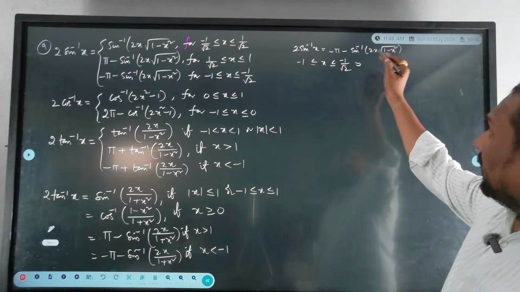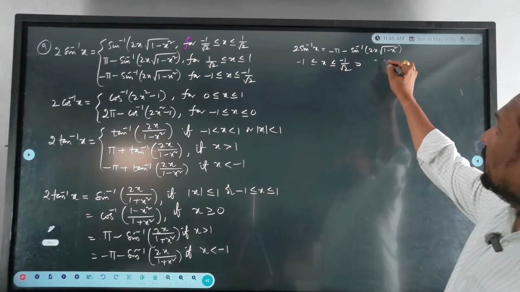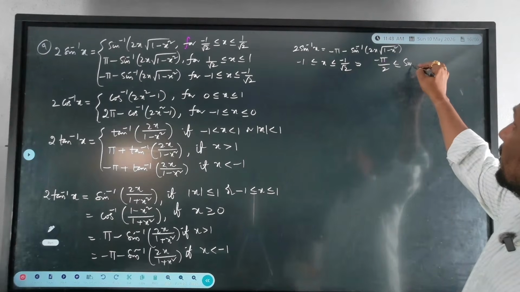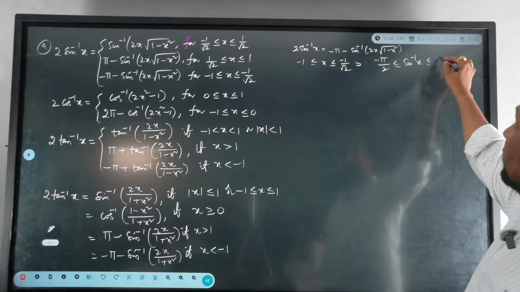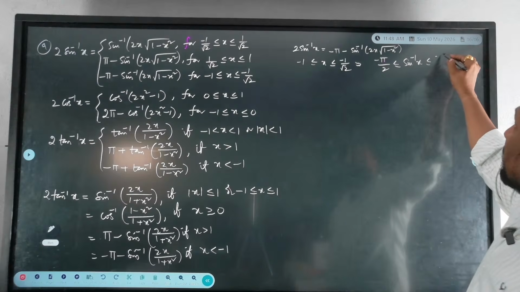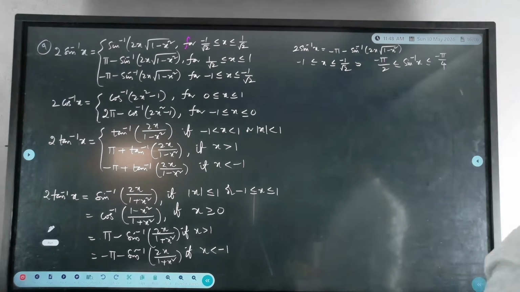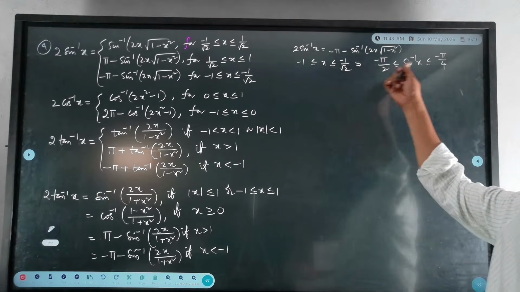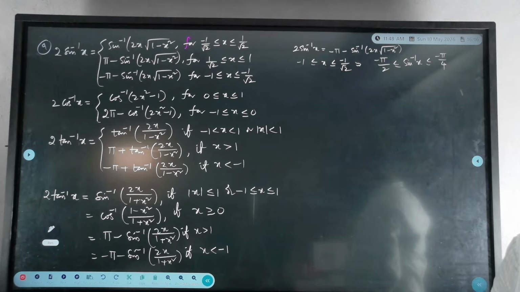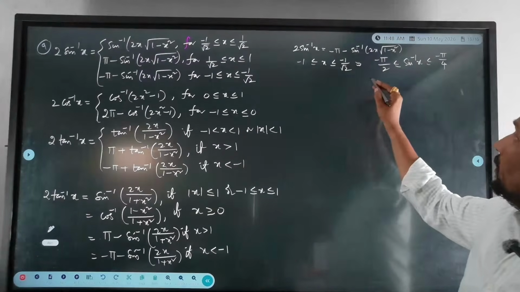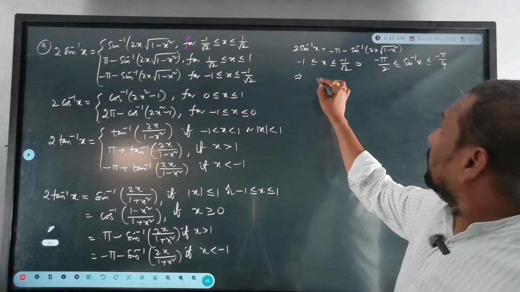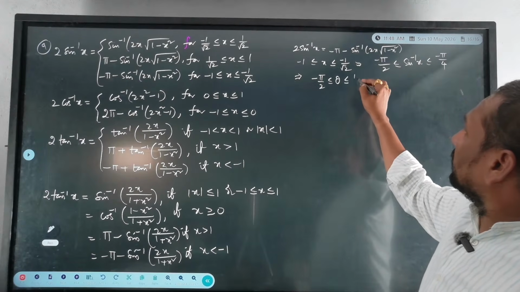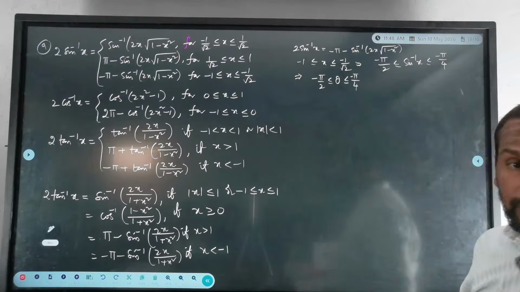Now in this case, what does theta become? Minus pi by 2 less than or equal to sin inverse x less than or equal to minus pi by 4. Sin of minus 90 is minus 1, sin of minus 45 is minus 1 by root 2, so that implies minus pi by 2 less than or equal to theta less than or equal to minus pi upon 4, right?